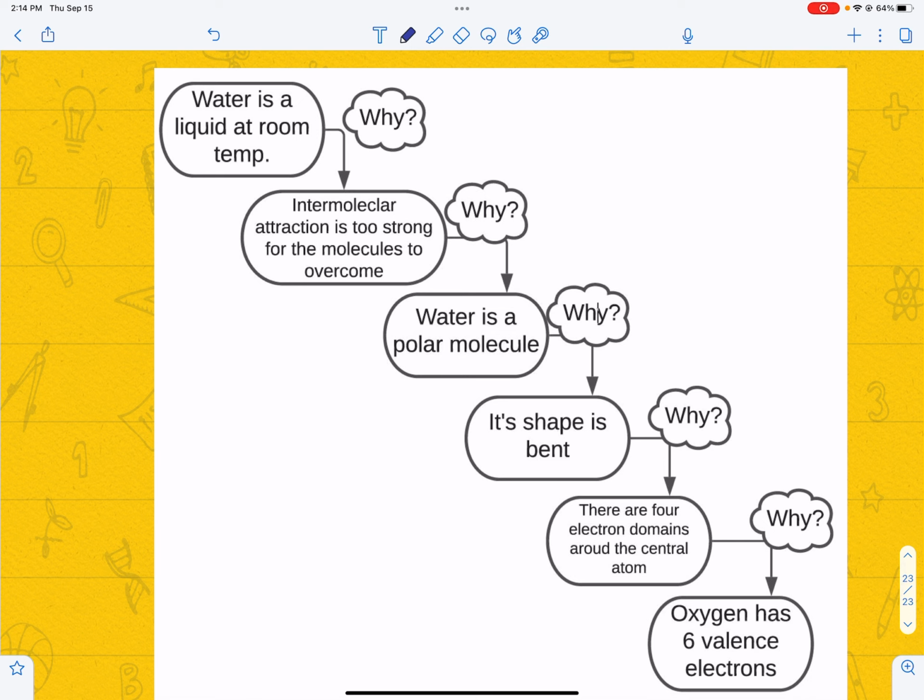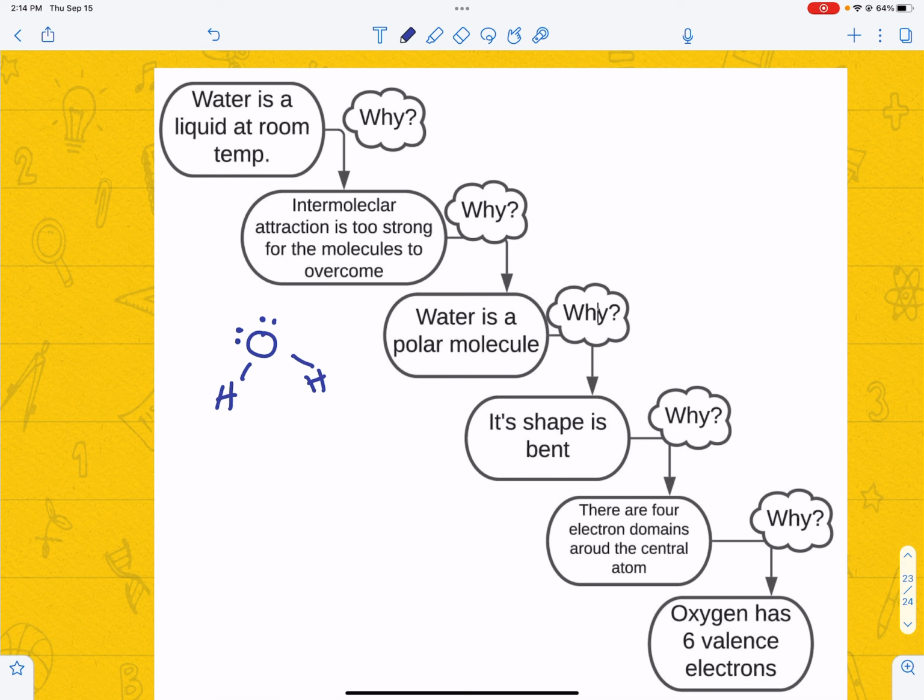So think about the observation, water is a liquid at room temperature. Well, why is water a liquid at room temperature? You guys know this from biology, that water is very polar. And so water is really attracted to other water molecules.